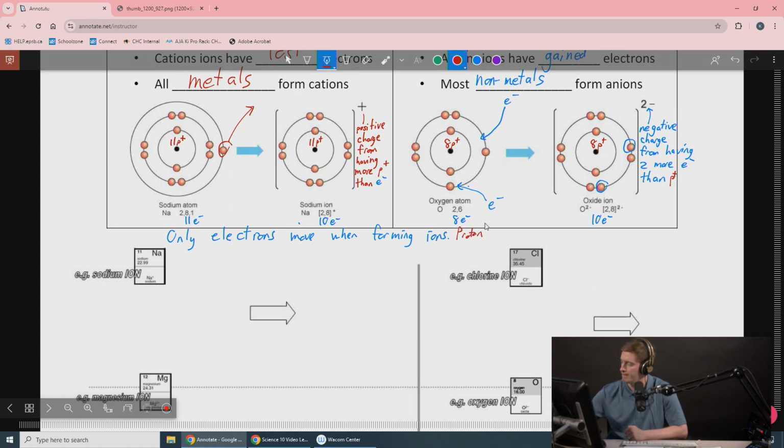Proton and neutron number remains the same.